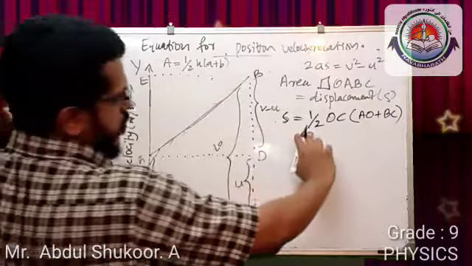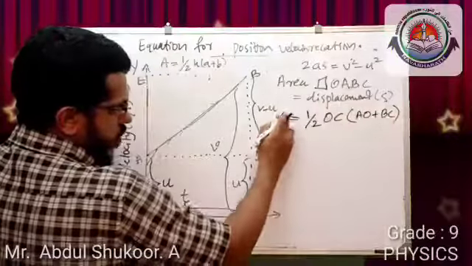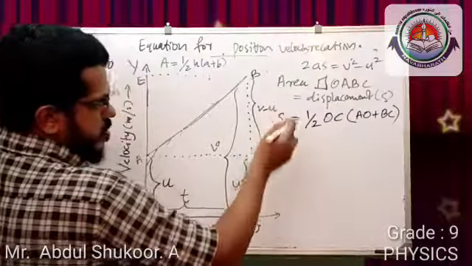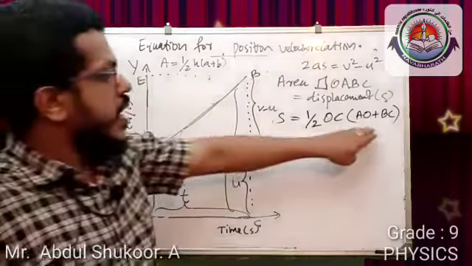This is the equation to find the area of trapezium. That area is equal to the displacement traveled by this body, that is S. S is equal to half OC into AO plus BC.